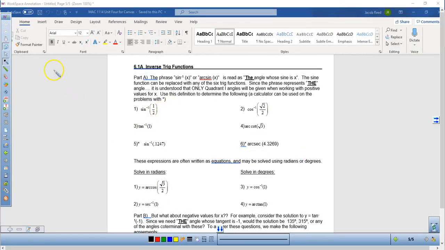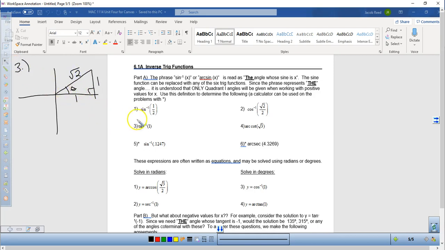Number 3, we're talking about tangent. So with tangent being 1, yet again we know that that can only happen with a 1, 1, root 2 triangle, which means that theta, yet again, has to be either 45 degrees or, if we're talking about radians, pi over 4.